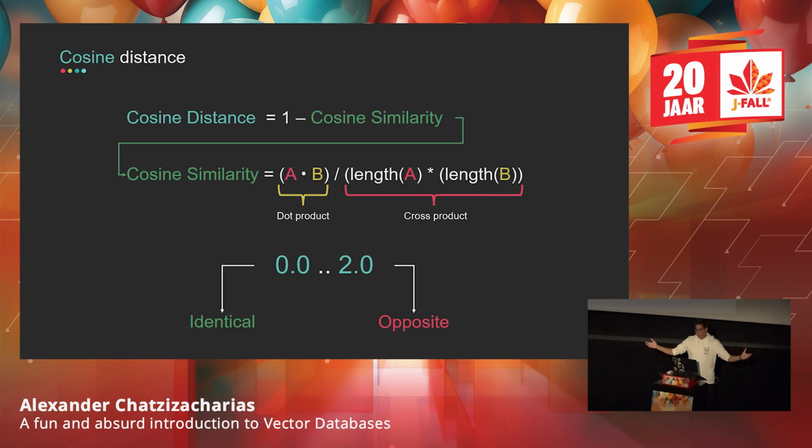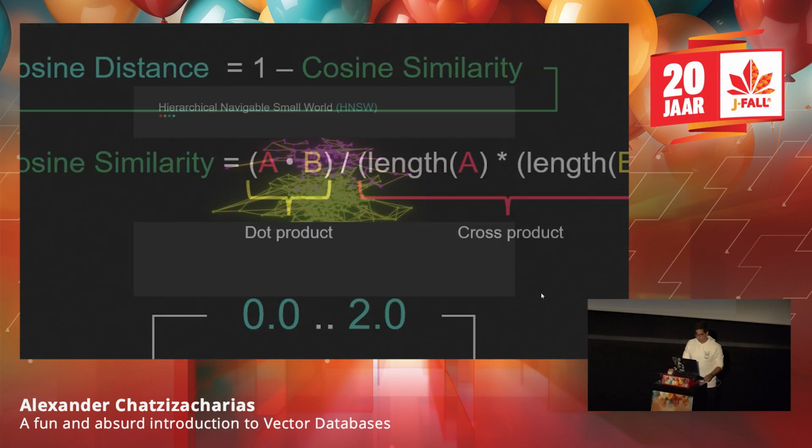So that means basically if you have a Java class and you vectorize the whole Java class, and you have a C# class and you vectorize the whole C# class, it will come out as close to 0, right? Because C# stole everything from Java. That is what I've been hearing. And if you have a JavaScript file, I guess, and then the Java class, they will probably come pretty close to, well, far away from each other, I would say. So the smaller the number, the closer the vectors.